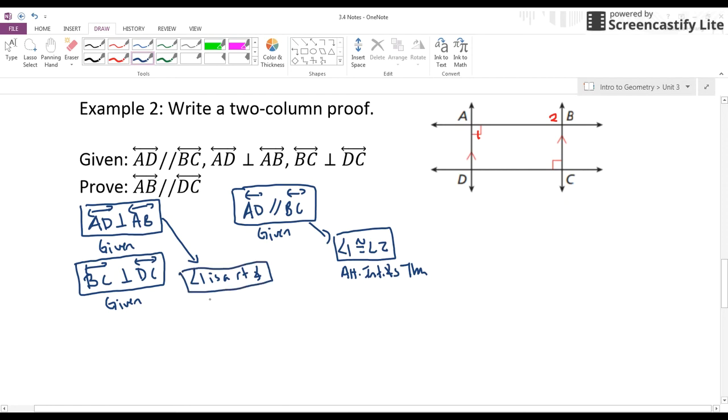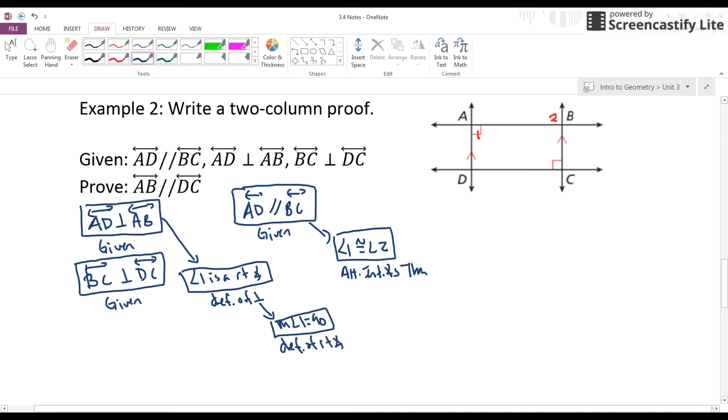All right? And that's your definition of perpendicular. Okay, so if I know angle 1 is a right angle, then right angles are 90 degrees, so the measure of angle 1 is equal to 90 degrees by your definition of right angle.